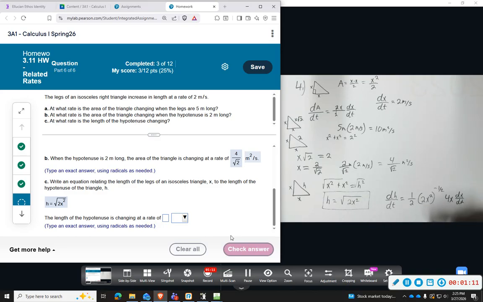So plugging in everything, we get 1/2 times 2 times 5 squared raised to the negative 1/2, and that's going to be times 4 times 2. No, not times 2. X is 5, so times 5. And then this is going to be times 2 meters per second.